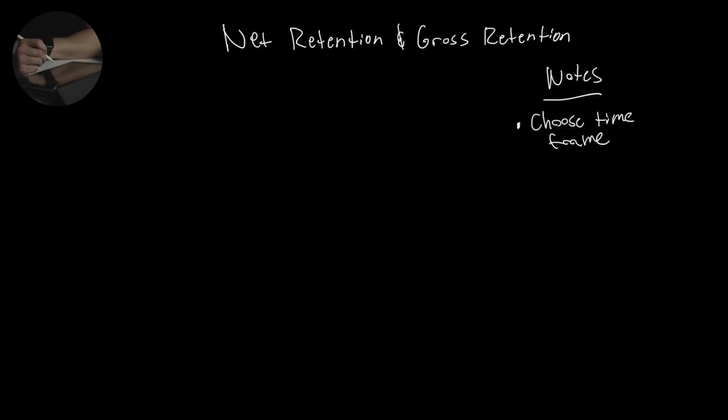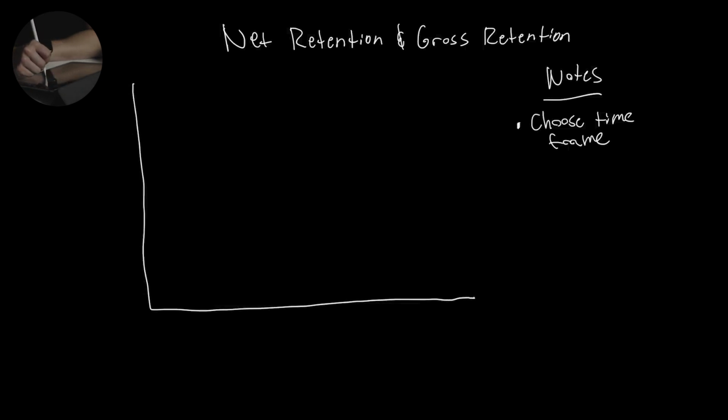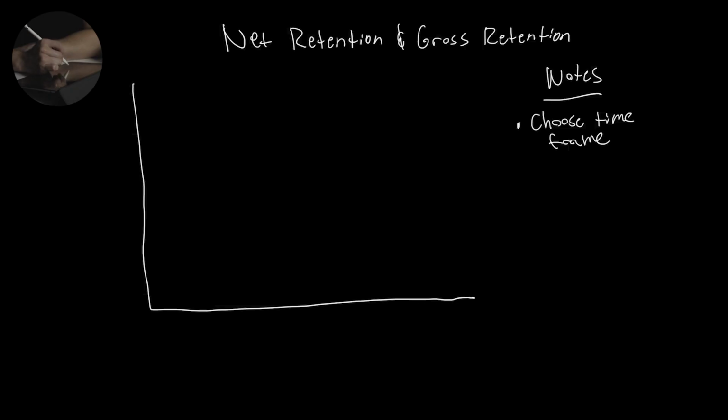So the best way to visualize and communicate what your net retention and gross retention rates are is with a waterfall chart. So we're going to walk through both of these on the same chart, and you're actually going to be able to report on both from the same chart. So we're going to graph your starting ARR here.